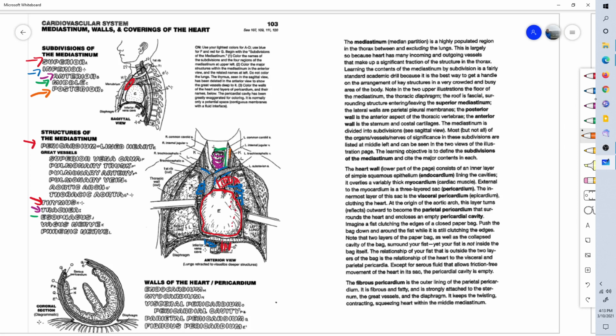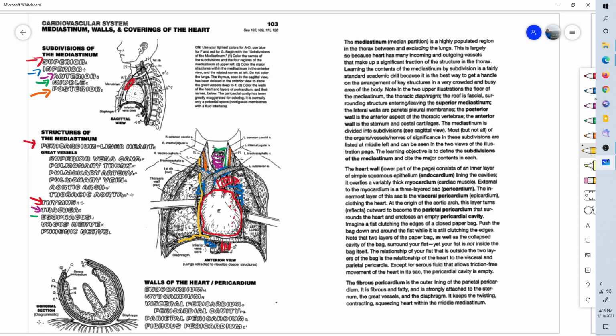We see the vagus nerve in the superior mediastinum, and traveling down to all the organs and glands of the body for parasympathetic activity. And we see the phrenic nerve here innervating the diaphragm.